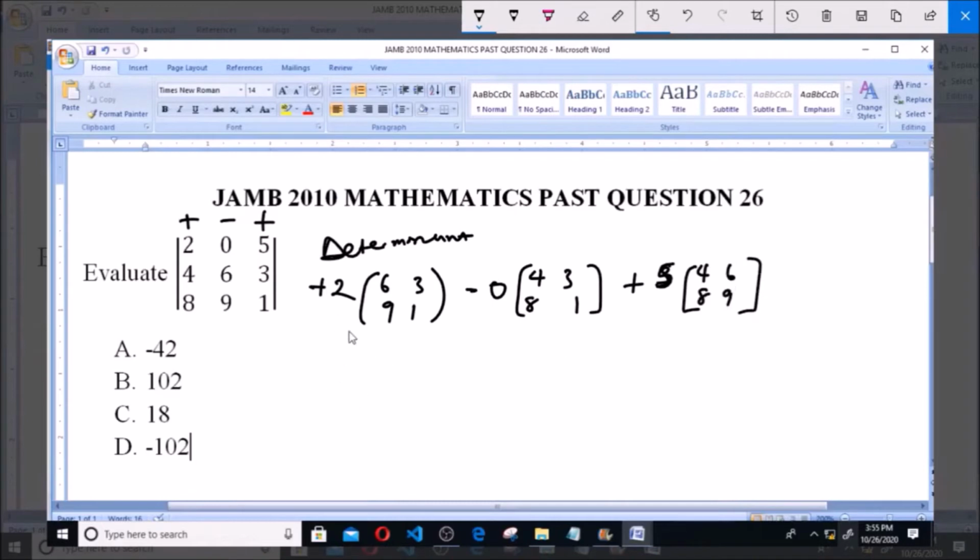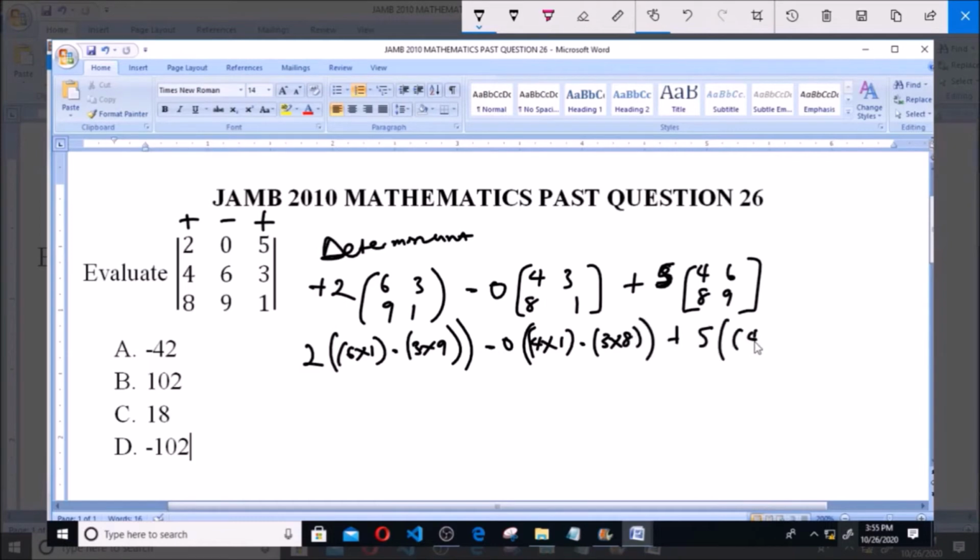Now from this, I'll have that what? 2 into, now normal solving of matrix. So we'll have 6 multiplied by 1 minus 3 multiplied by 9, close brackets, minus 0 into 4 multiplied by 1 minus 3 multiplied by 8 plus 5 into 4 multiplied by 9 minus 6 multiplied by 8.